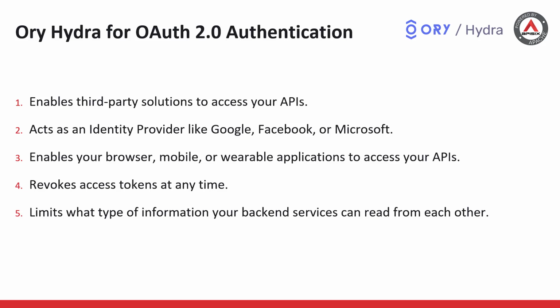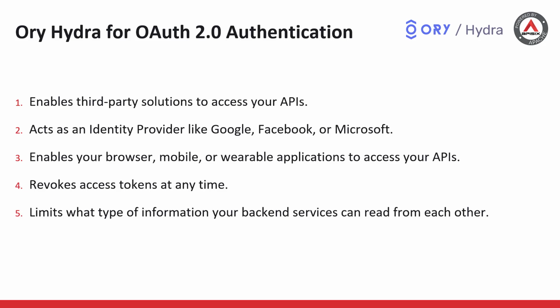OAuth2 and Hydra are suitable for certain scenarios. Say, if you would like to enable third-party solutions to access your APIs, or act as an identity provider like Google, Facebook, or Microsoft, you can enable your browser, mobile, and other applications to access your APIs.